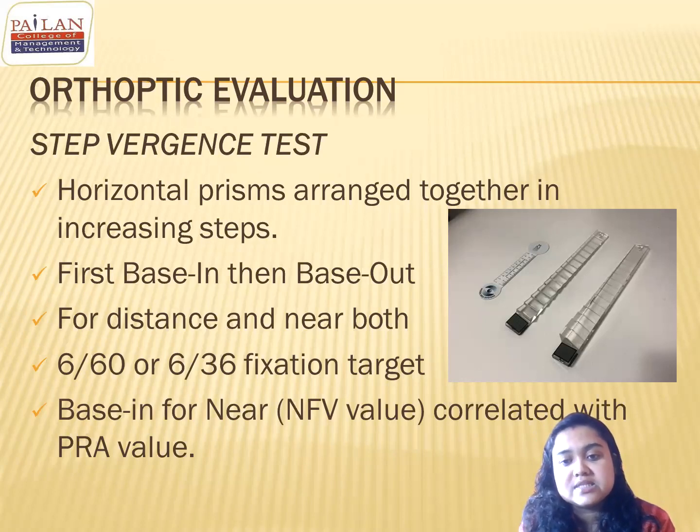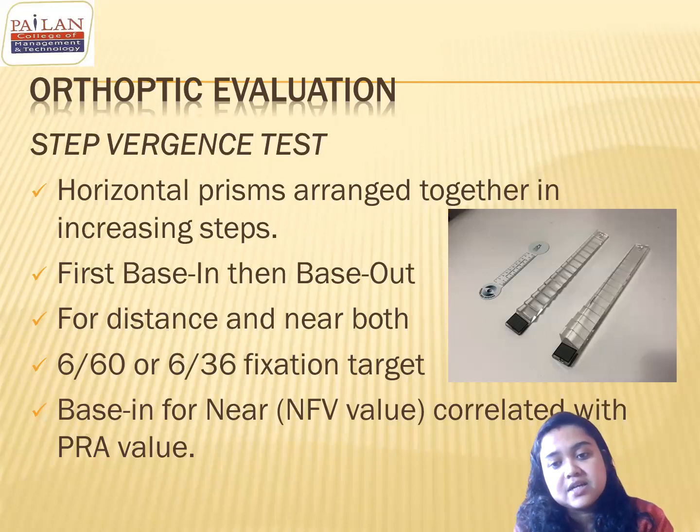So why is this called the step Vargin's method? Because it looks like a staircase. You can see as if there is a staircase of prisms aligned in a lens bar. That is the reason this is called the step Vargin's test. Now when you put the prism base towards your nose, that is the base in prism arrangement.